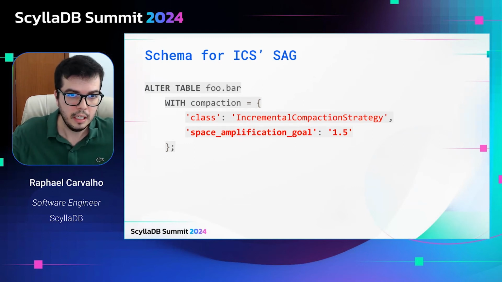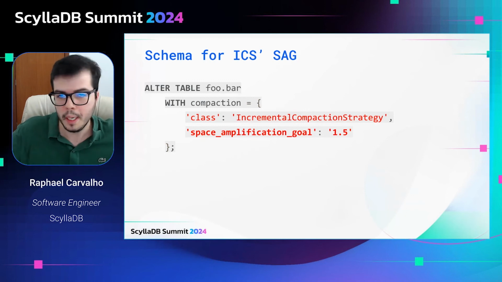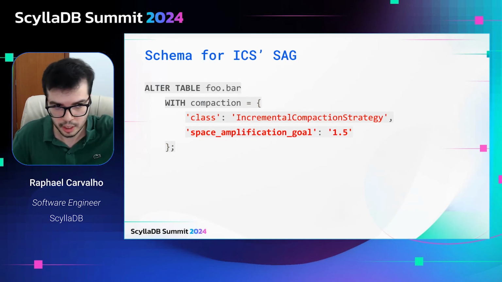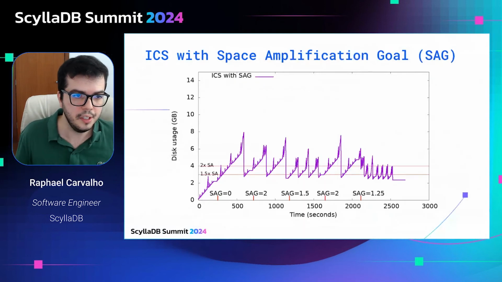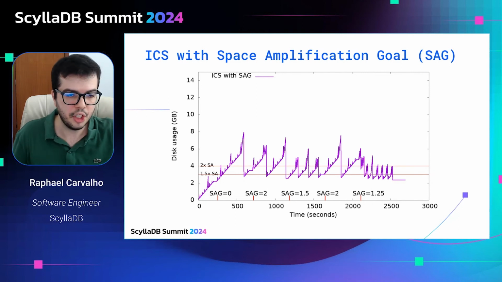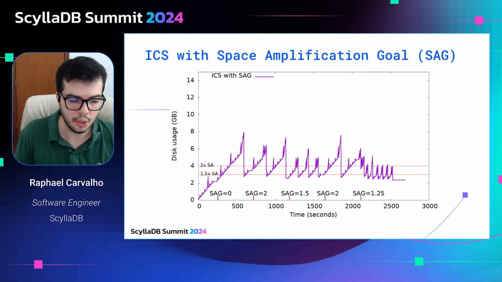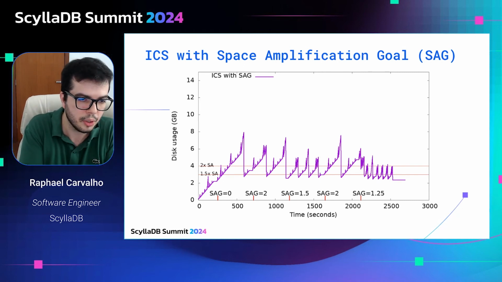If there is no available bandwidth for compaction, it could happen that the space amplification goes beyond that. And it's clear in this graph how the lower the SAJ value, the lower the disk usage is, meaning that it's being able to control the space amplification based on the value you set.